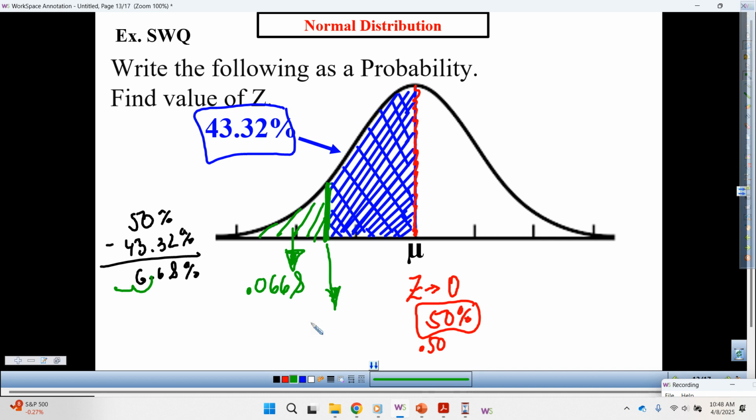For the sake of time, Austin S., what is that Z-score? Negative 1.5. So the Z-score for that green one right here is negative 1.5. The Z-score for mu is 0. So how do we write that in probability format? Probability of negative 1.5 less than or equal to Z less than or equal to 0.